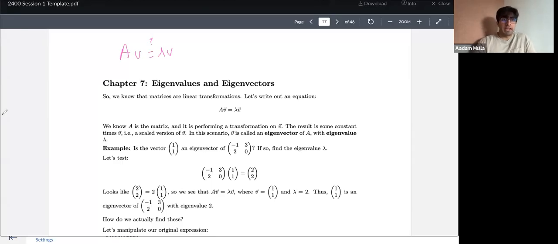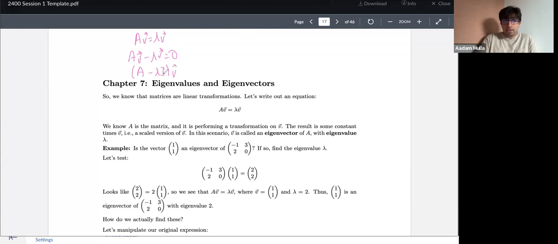How do we generally find the eigenvectors and eigenvalues of a matrix? Well, let's think about this. If we take the equation AV equals lambda V, bring everything to one side, and factor out the V, we get A minus lambda, and I'm going to put the identity matrix in there.